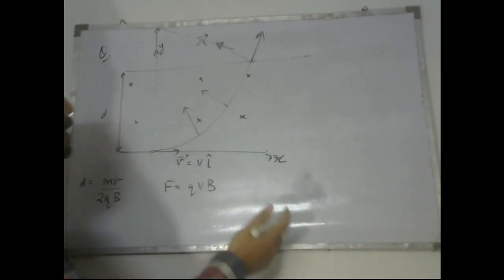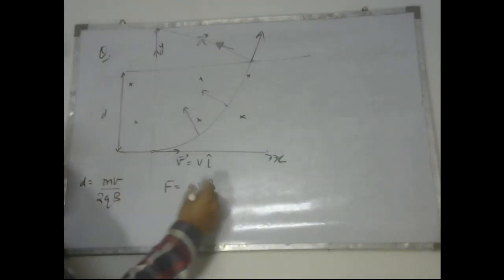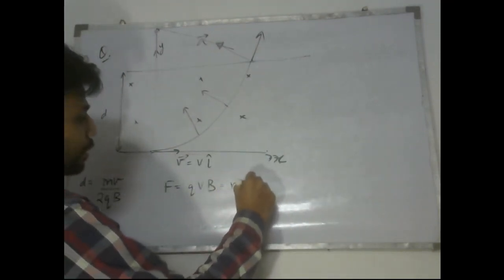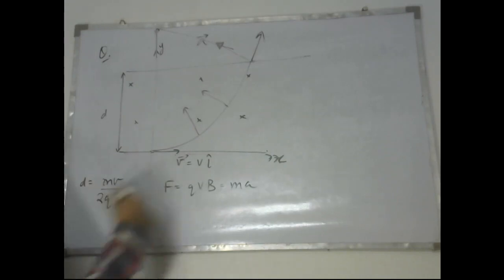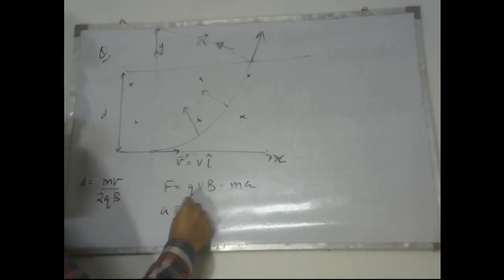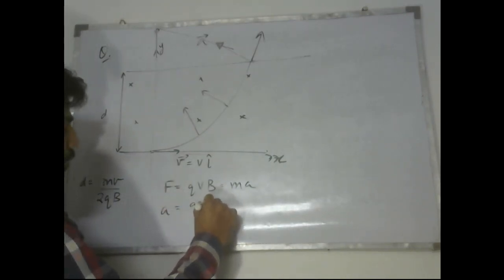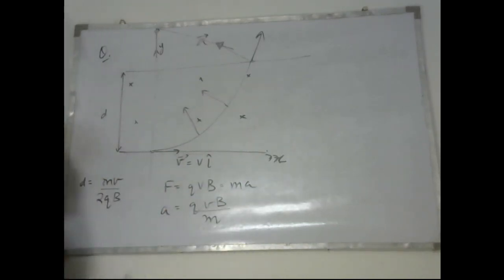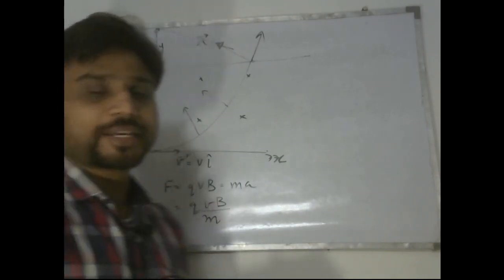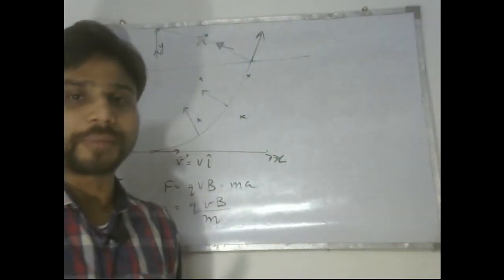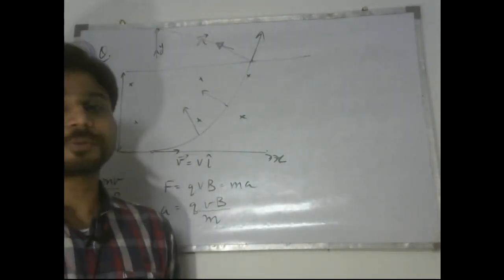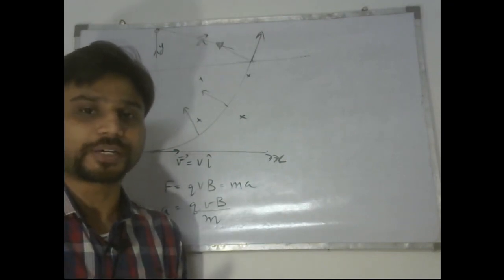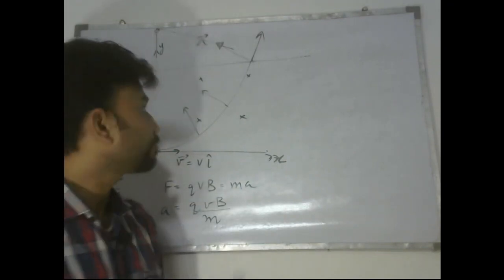From this we can easily say that the acceleration of the particle, which is the centripetal acceleration, is equal to qvB divided by the mass of the particle. So we have determined the magnitude of the acceleration of the particle. What would be the direction of acceleration, that we have to find.